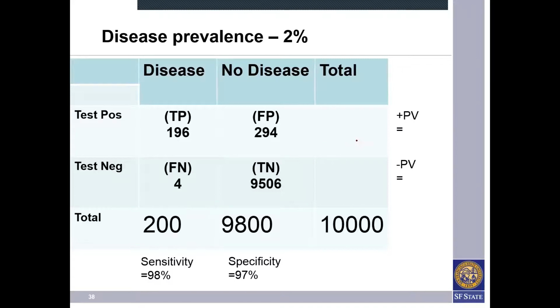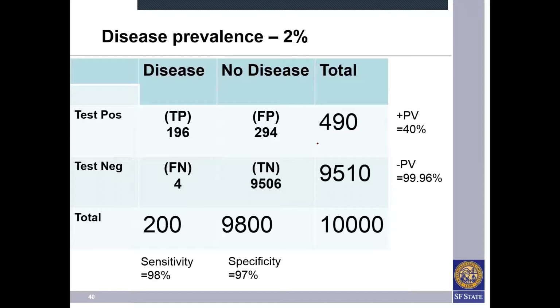So what is my positive predictive value and negative predictive value for this test? So total positive results I've got, total negative results I've got. 40% positive predictive value and 99.96% negative predictive value.